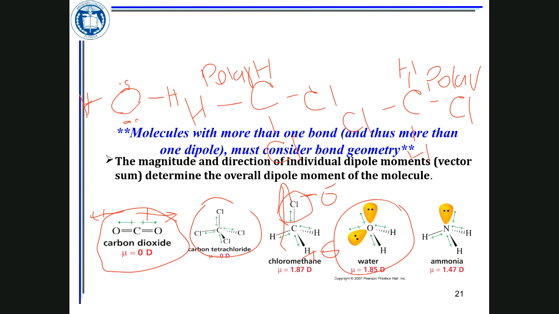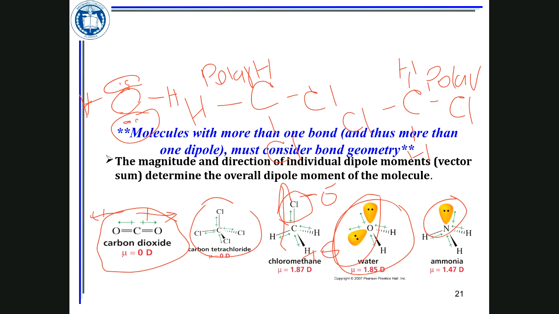Now you count the number of domains as pairs of unshared electrons and the bonds. So you have 4 domains here. 2 of them are pairs of unshared electrons and 2 of them are sigma bonds. So since they are different, the water molecule is going to be polar. So in general, on the previous slides, we saw nitrogen carrying 1 pair of unshared electrons, oxygen carrying 2 pairs of unshared electrons.